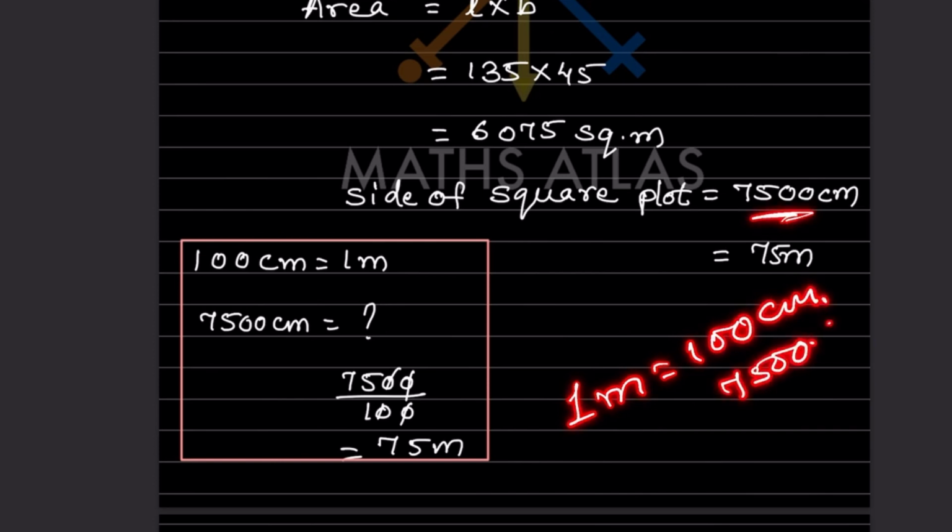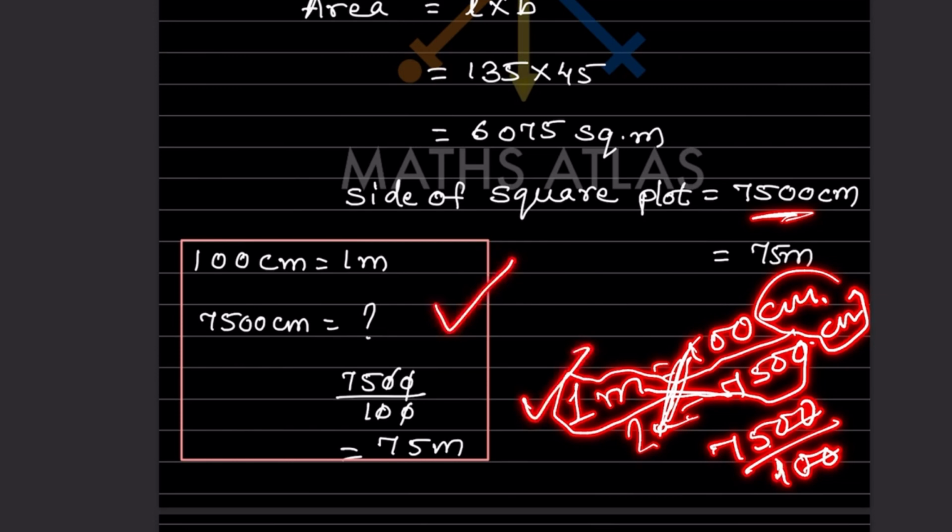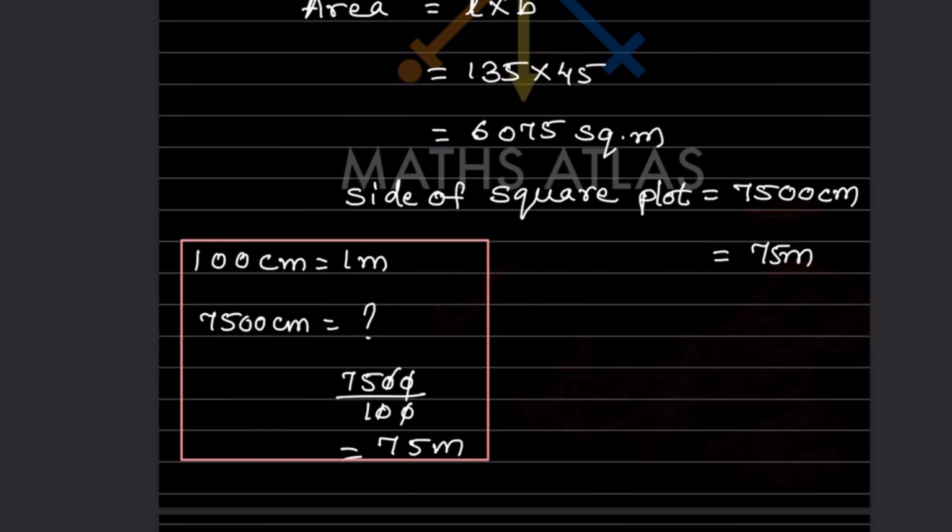Why? Because this is in centimeter. See here, when you do cross multiplication, as I told you, the two numbers that are on the diagonal go in the numerator, and the line has only one number that goes in the denominator. That is very important. So both ways you can write and you get 75. Follow this method or that method, whichever you feel is easy.